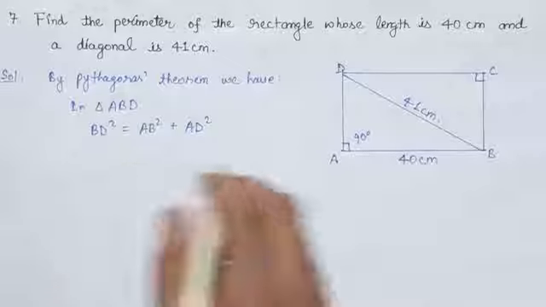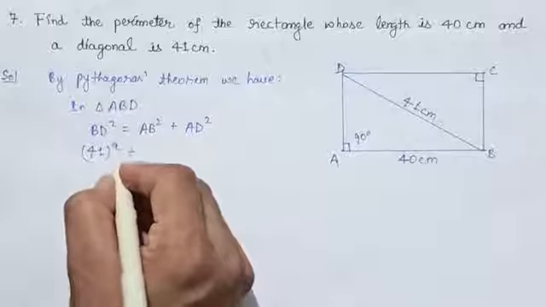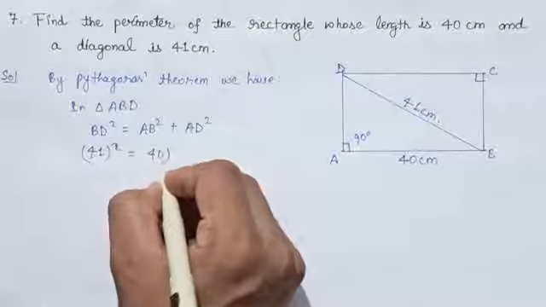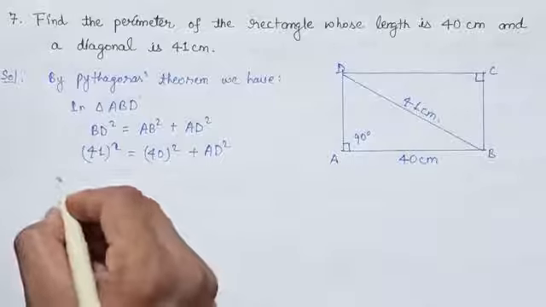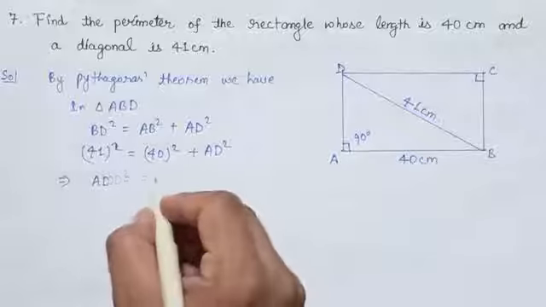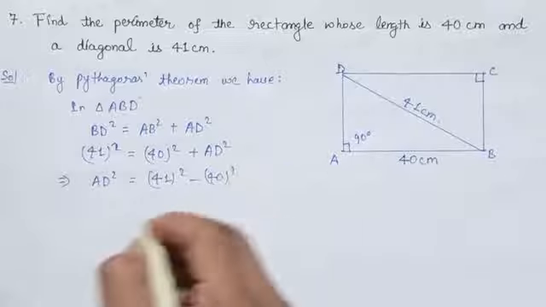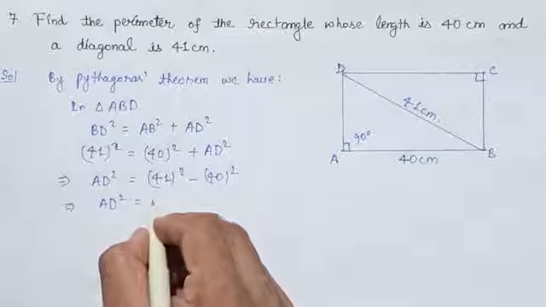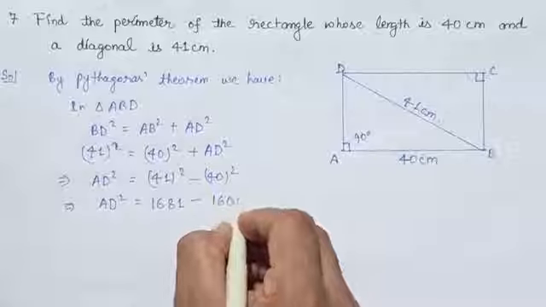Now here we have the value of BD, that is 41. So 41 square is equal to AB square, and AB is given as 40, so 40 square plus AD square. It implies that AD square is equal to 41 square minus 40 square. 41 square is 1681, minus 40 square, which is 1600.